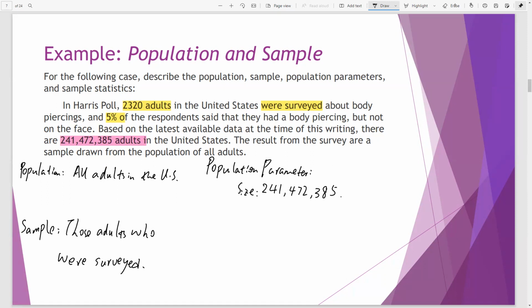Here, population size and the size of the population turn out to mean the same thing: how many people are in the population.